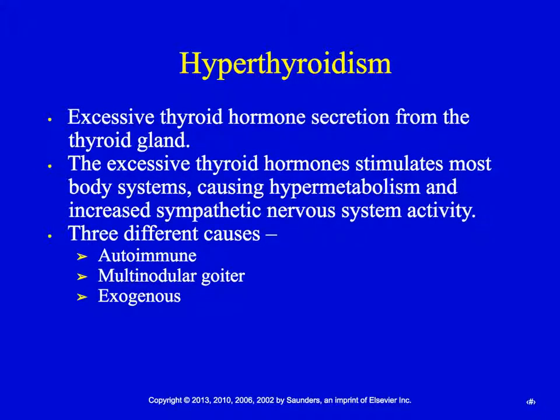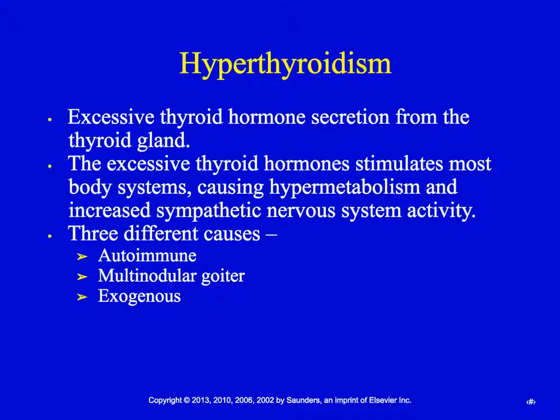Hyperthyroidism is a hypermetabolic state that the excess of the thyroid hormone creates. Looking at the big picture here, the thyroid hormone controls, or balances, the metabolism of the patient. So an excess of this hormone will cause a hypermetabolic state, so an increased metabolism.